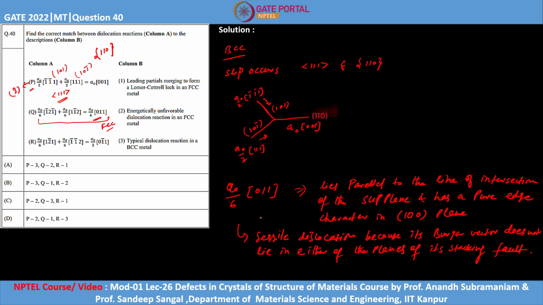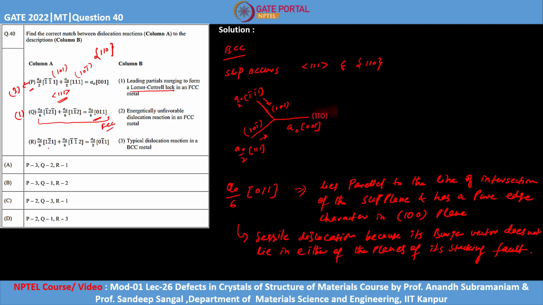So this final dislocation is a sessile or immobile dislocation, and it is also called a Lomer-Cottrell lock in FCC metals. So the right option for Q will be option 1.